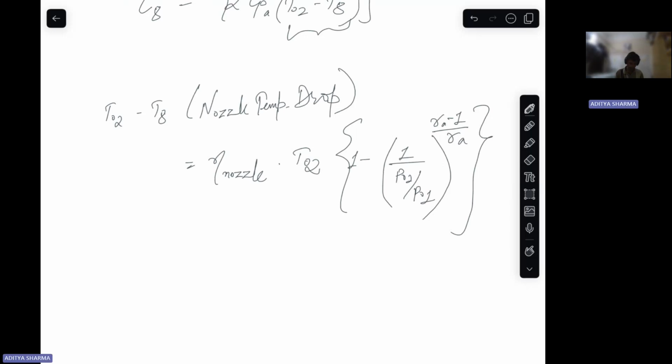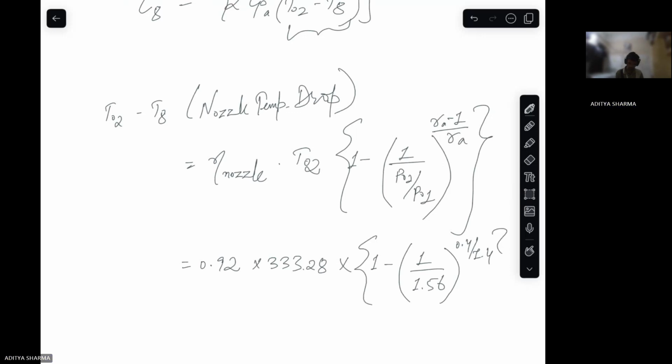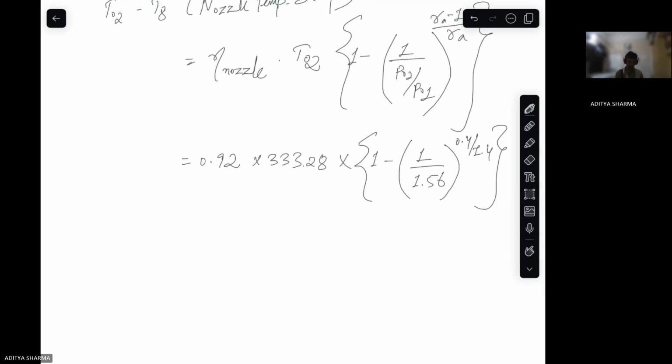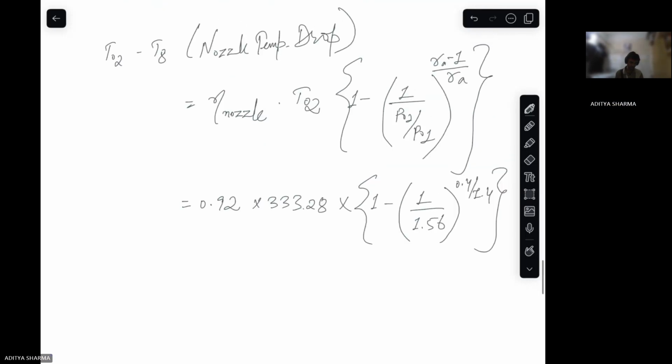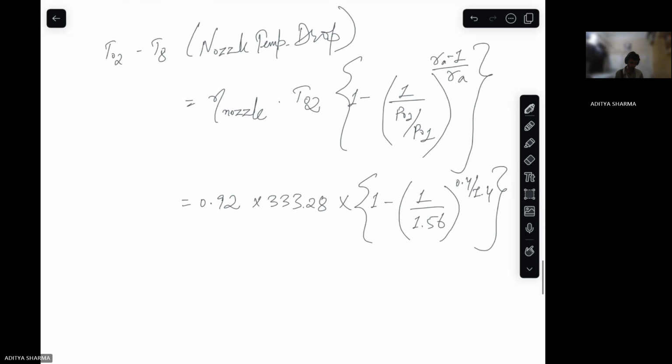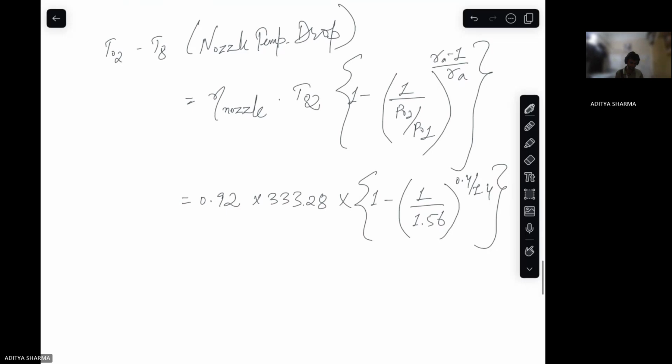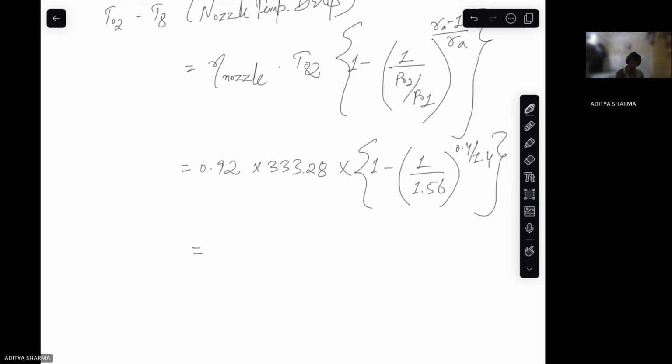Then if we calculate this, the values 0.92 into 333.28 into 1 minus 1 by 1.56 to the power 0.4 divided by 1.4. Alright. So this is 36.58 Kelvin.